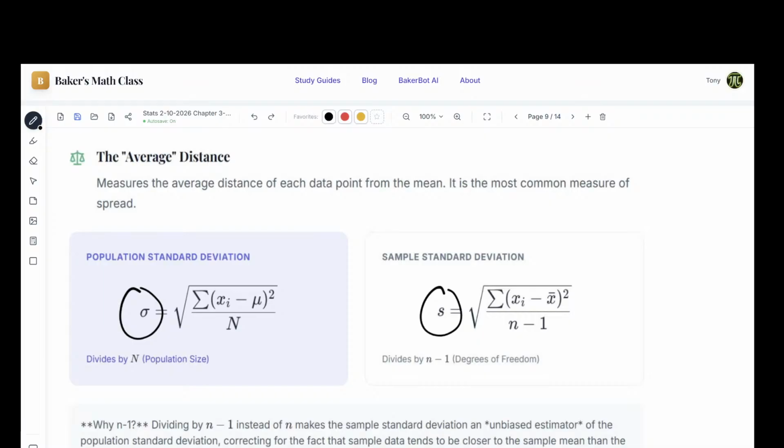You will notice that these formulas are slightly different. This one has the n on the bottom. This one has n minus 1. So when you're doing the calculations for standard deviation, it is important to know which one you're going to use. Are you using a sample, or do you have a population? Because that is going to change your answer slightly.